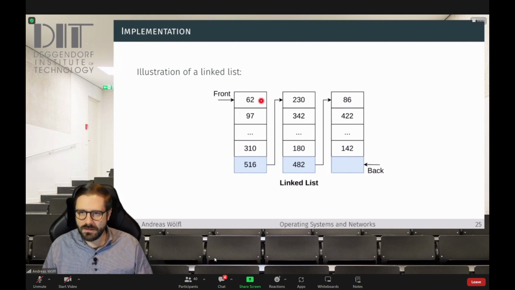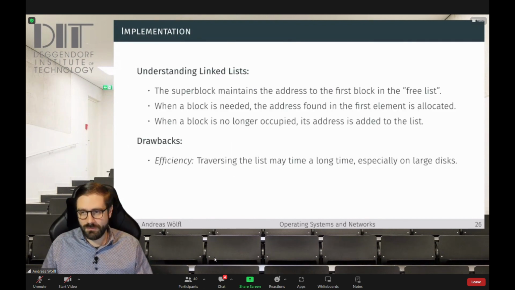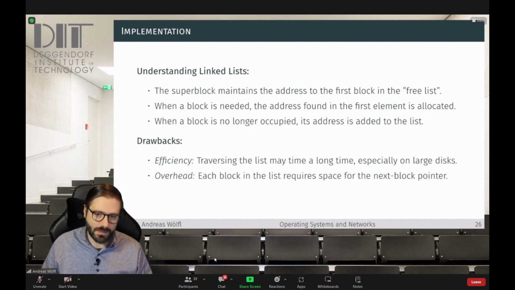So in the ideal case, if we allocate block 62, we search in the list for blocks 63, 64, 65, and so on. So we, in fact, need to traverse the list, and this is inefficient because you start at the front and then, like turning over pages in a book, you search for blocks that are in the proximity of the first block that you allocate.